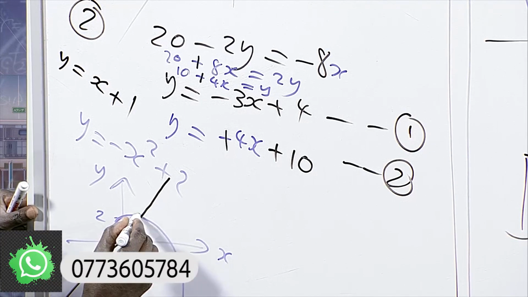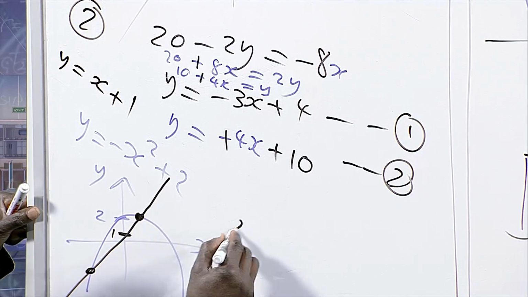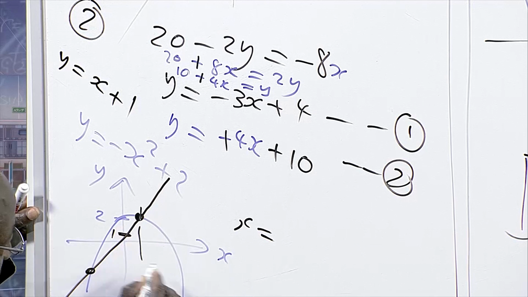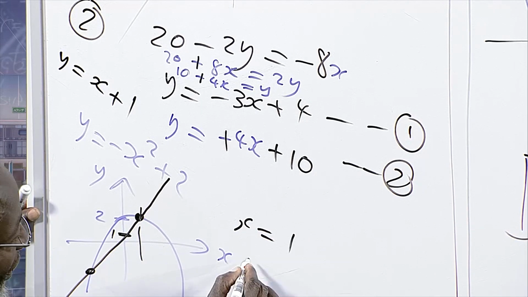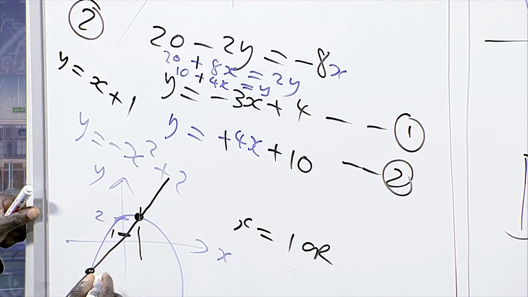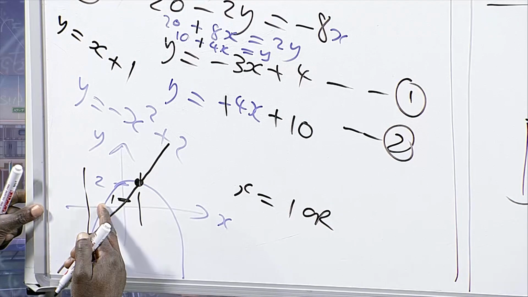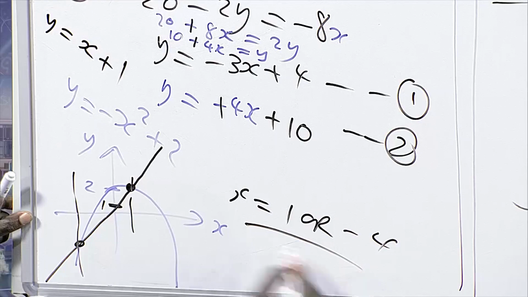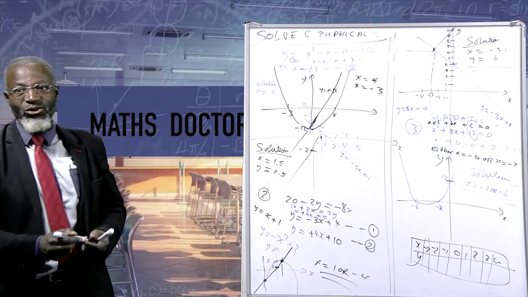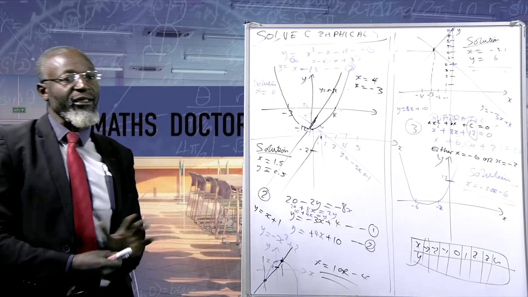So there are 2 points where it will cut, here and there. So x will be equal to this value, which is maybe 1, and also x here, maybe something like 1, 2, 3, or minus 4, something like that. Then we are done. So that's how we do it very quickly. Thank you.